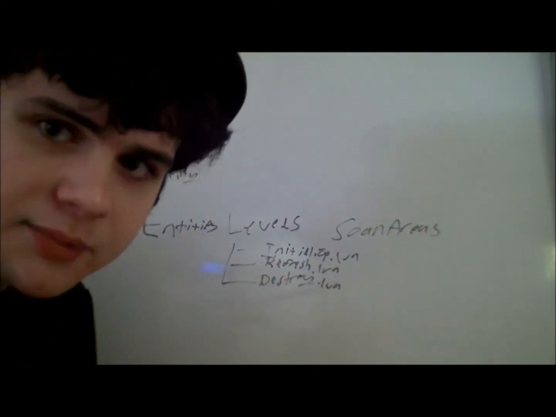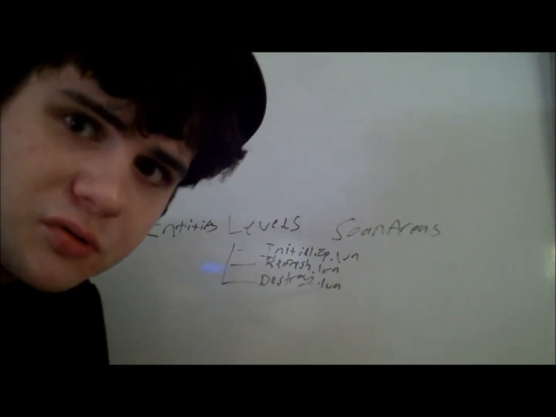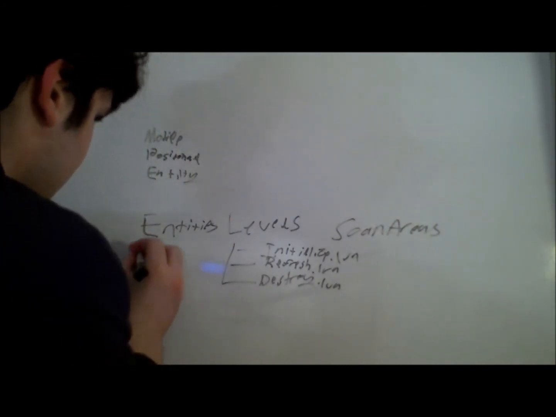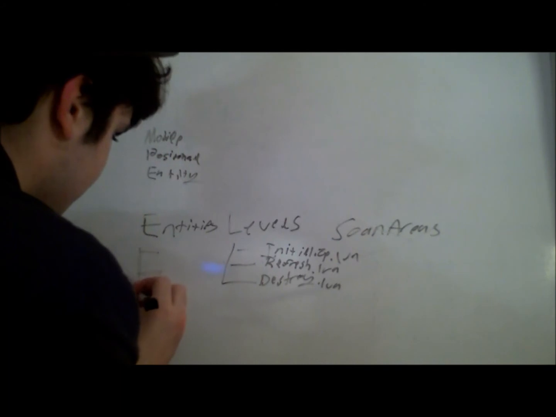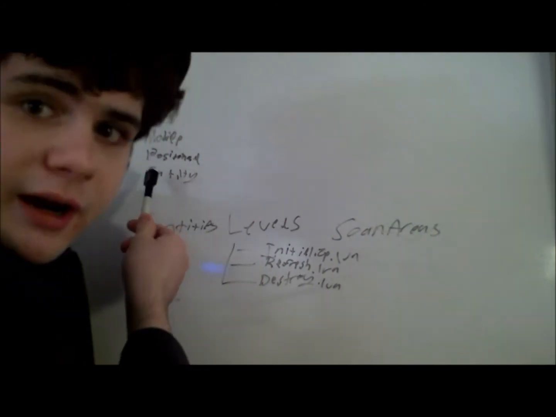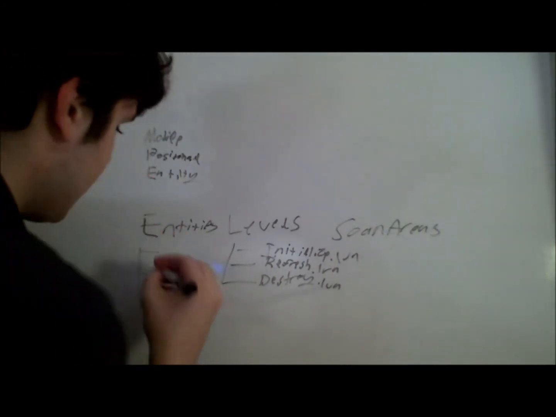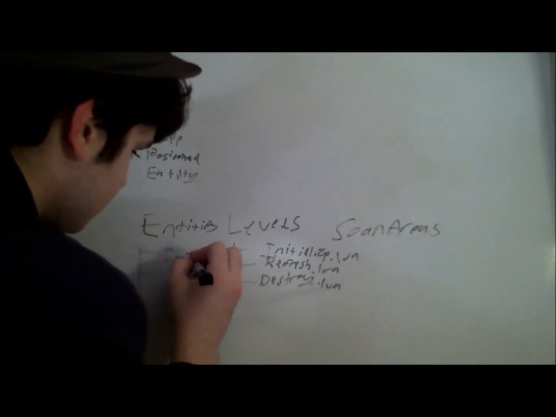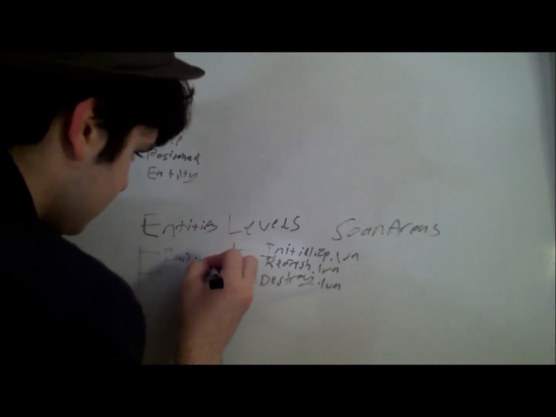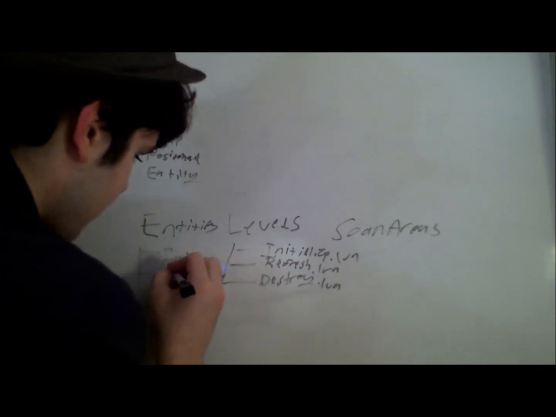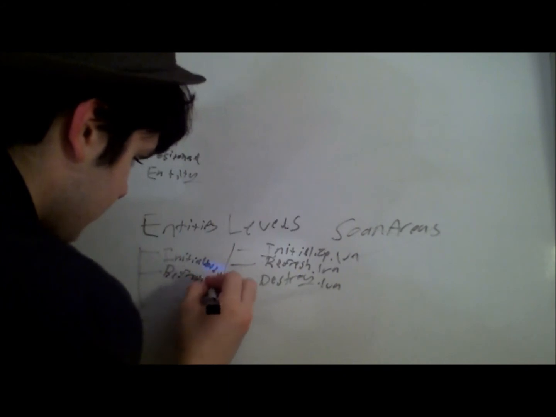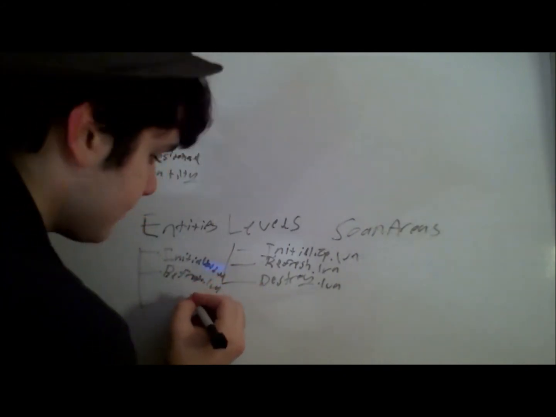Entities can have up to 4 scripts, but there are 3 fundamental scripts, since a regular entity cannot have one of them. The 3 fundamental scripts are initialize, refresh, and destroy.